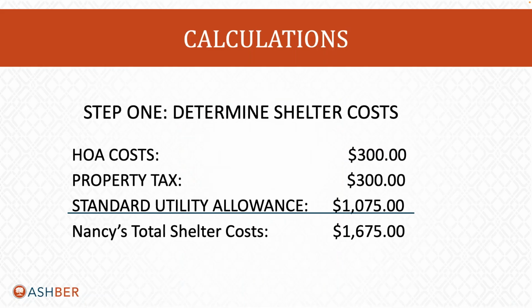So we are adding in those two costs, and then we're also adding in Maine's standard utility allowance. They do have a pretty generous standard utility allowance versus other states. So the shelter costs are going to move up to $1,675 for Nancy in this case.